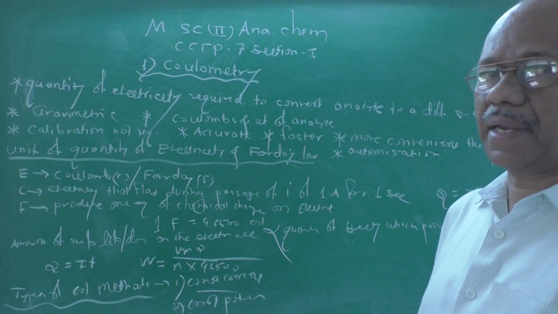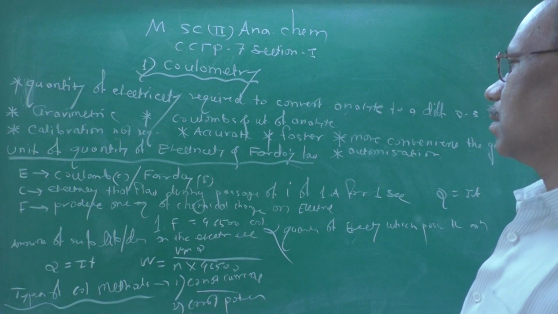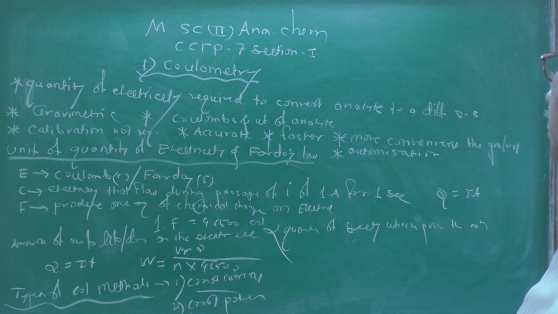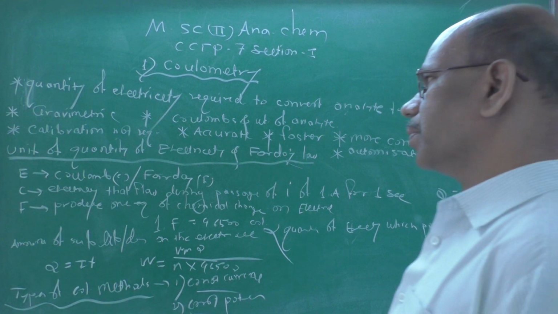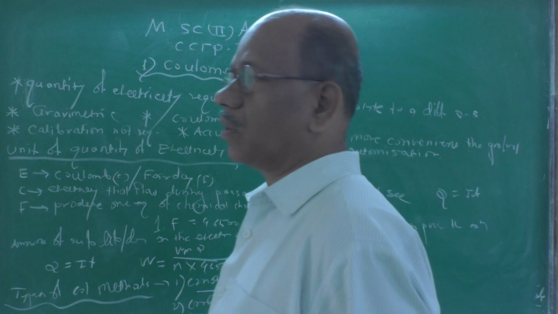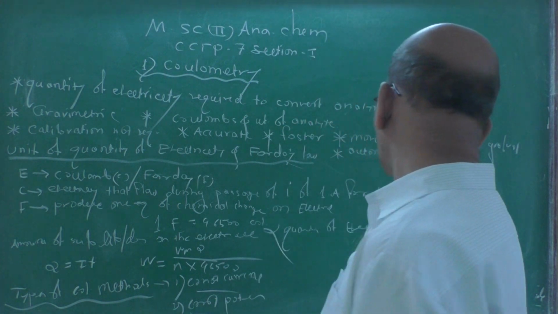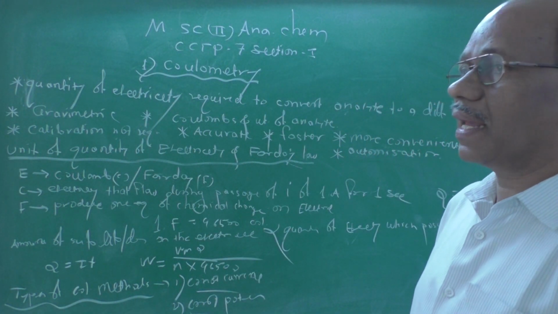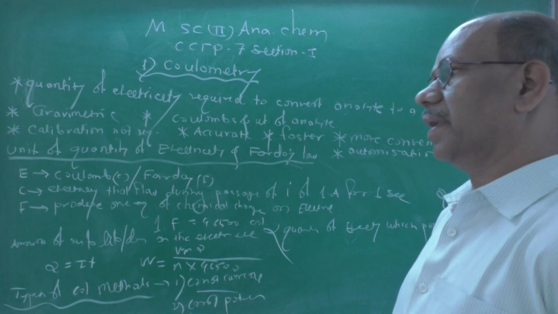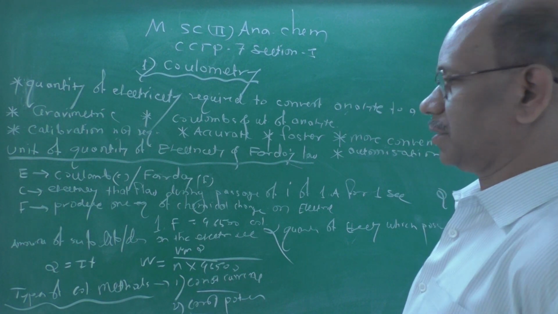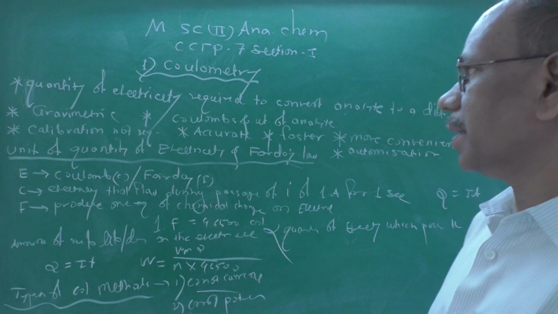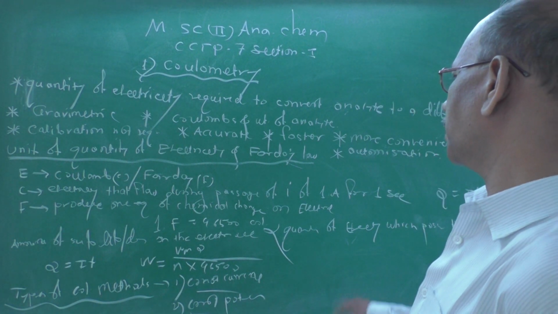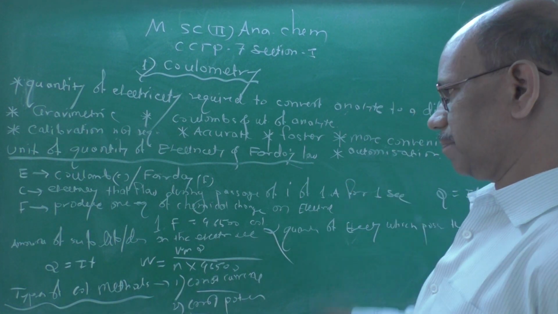Coulometry is more accurate, faster and more convenient than gravimetric or volumetric methods. Gravimetry cannot be converted into automation, but coulometry can.